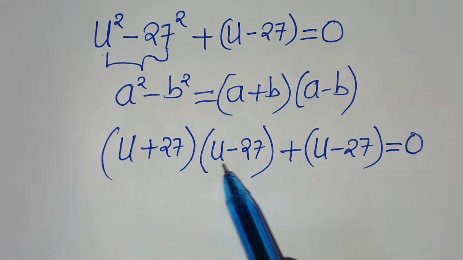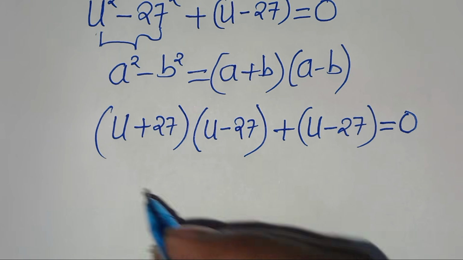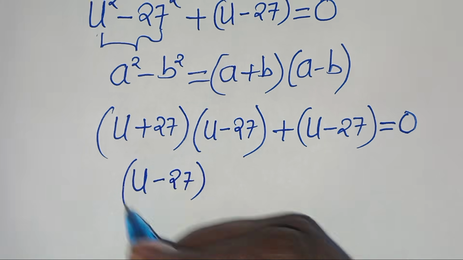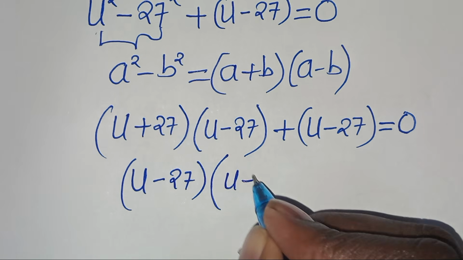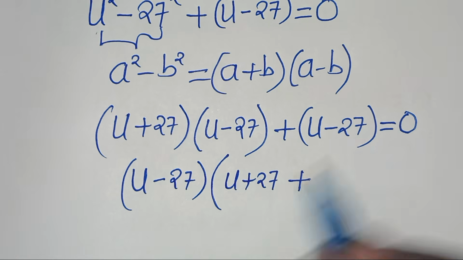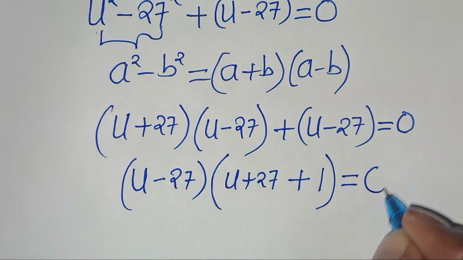So u minus 27 is common here, so we can factor out u minus 27. Now here we'll have u plus 27, then plus u minus 27 divided by u minus 27, which is 1, equal to 0.